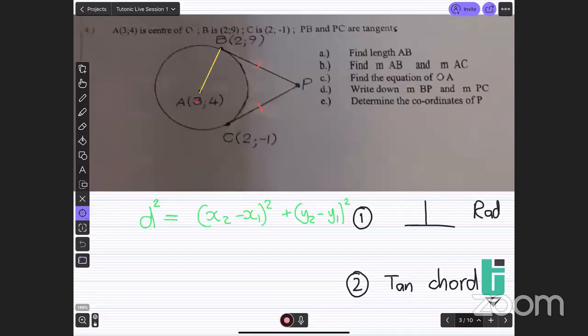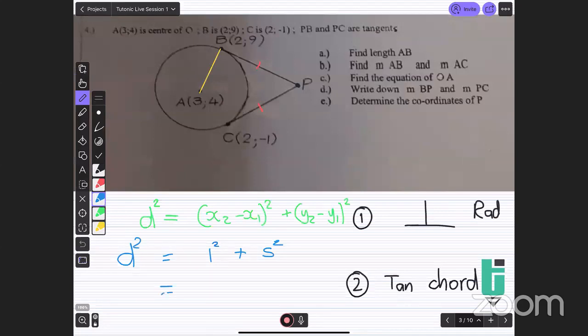So what's the difference between the x values? 1. 1 squared. And the y values? 5. Squared. So d squared equals 26.